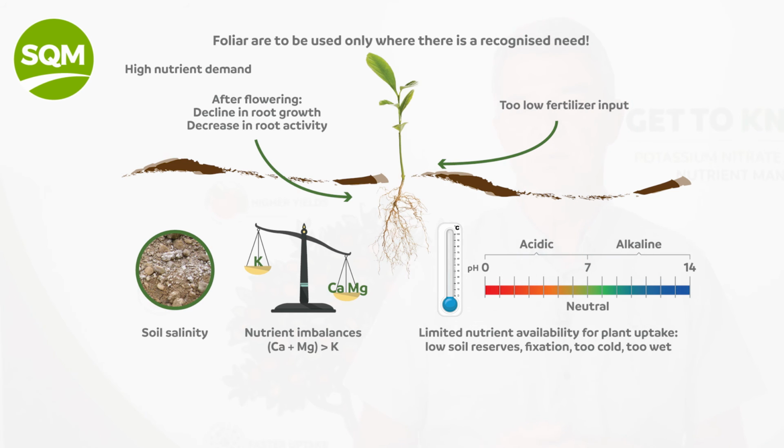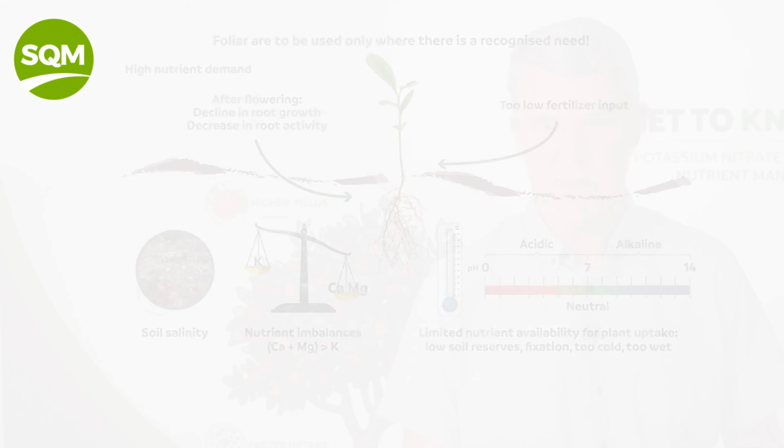And the bottom right-hand quadrant, if you have other soil problems such as a non-ideal pH or very cold soils or low reserves or certain nutrient fixing problems, or too wet, then you would also consider a foliar nutrition. So we only use them when there is a recognized need, as discussed.